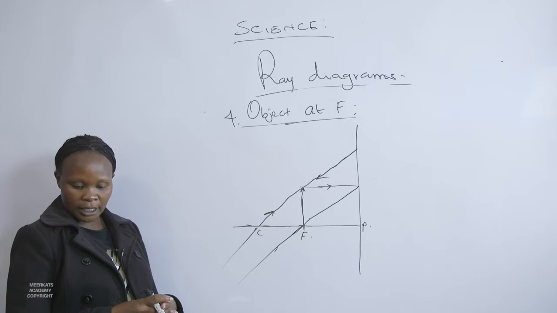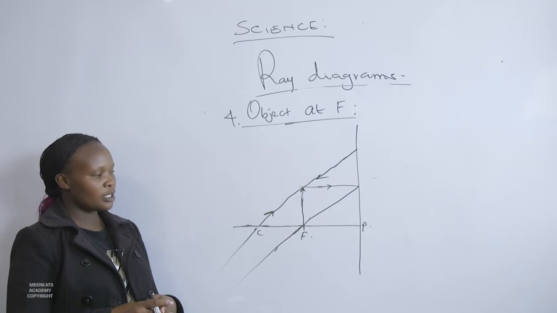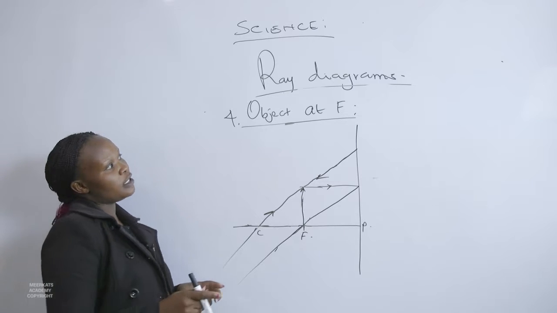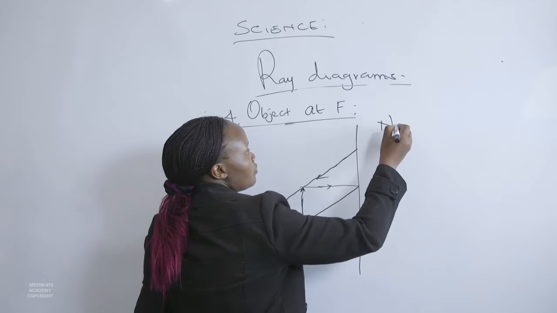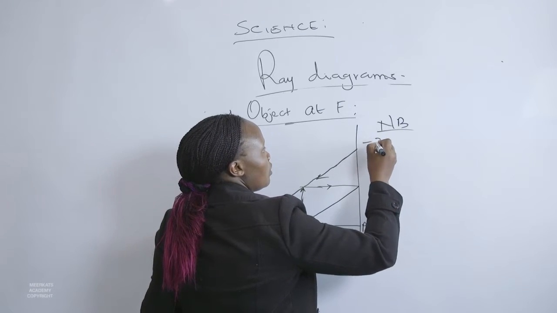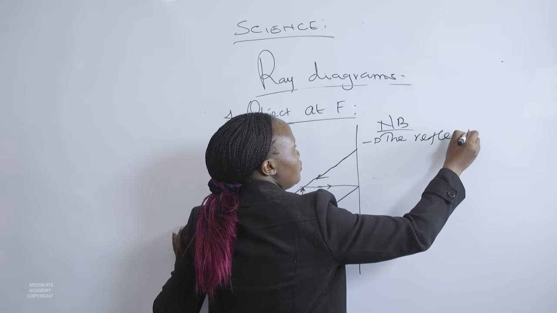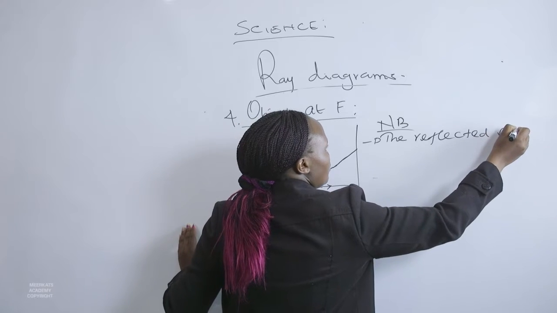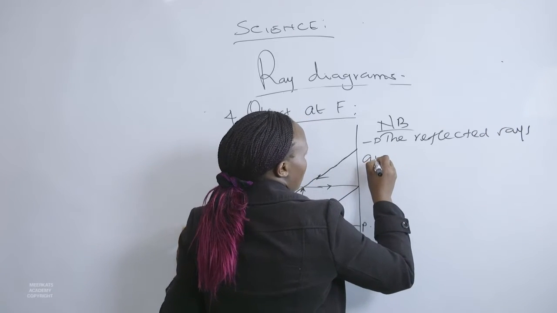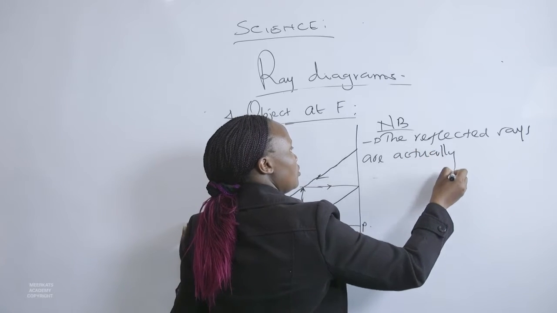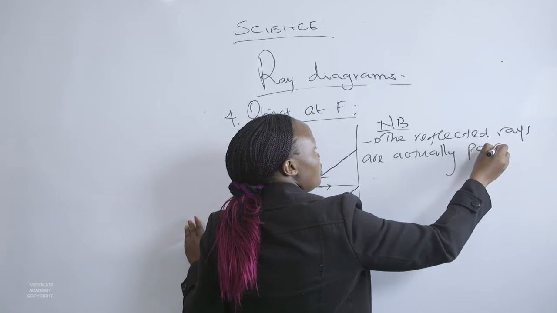Now, clearly, you can see that these rays are actually parallel to each other. The reflected rays are actually parallel.